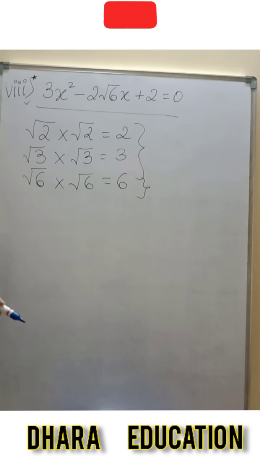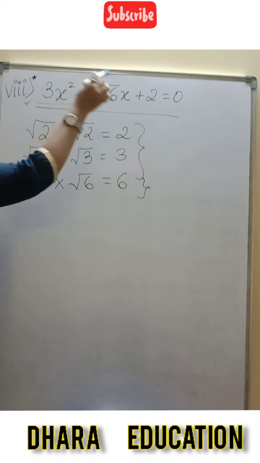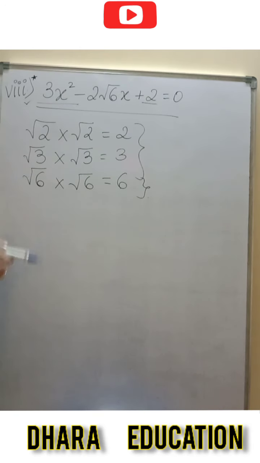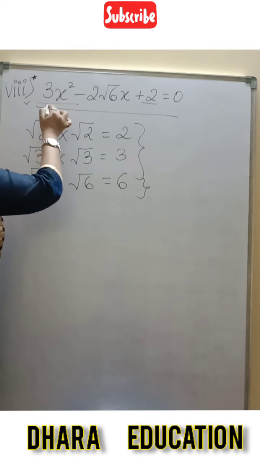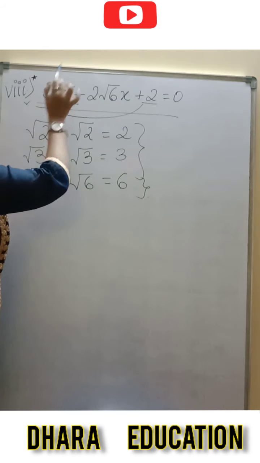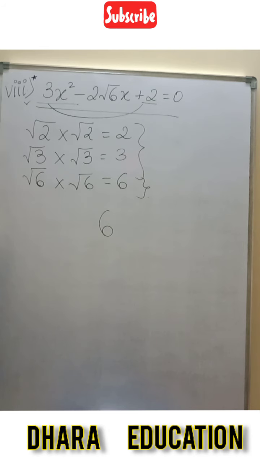Why am I telling you all this? Because the first term is 3x square and the third term is 2. As you know, our first step is to multiply the first term with the third term, that is 3 multiplied by 2 gives you 6. Am I right?